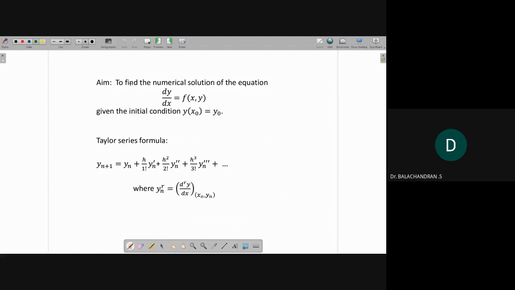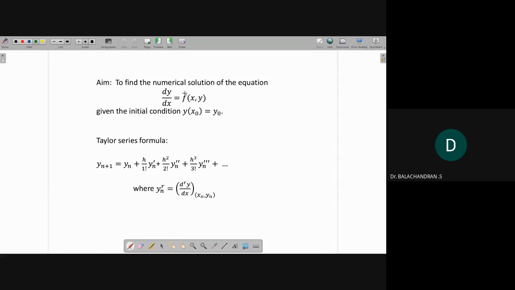So to find the numerical solution of the first order differential equation. Even second order and simultaneous differential equations can be solved, but that is not in your syllabus. So we are solving first order differential equations using numerical methods.